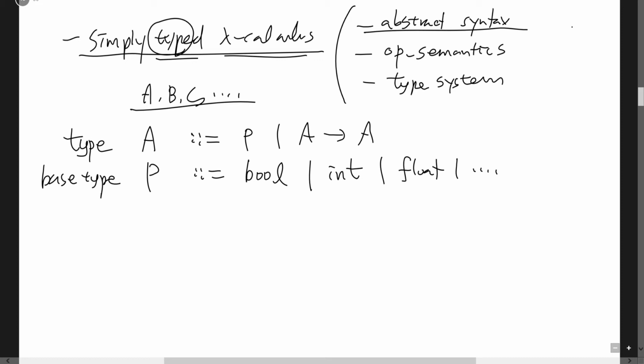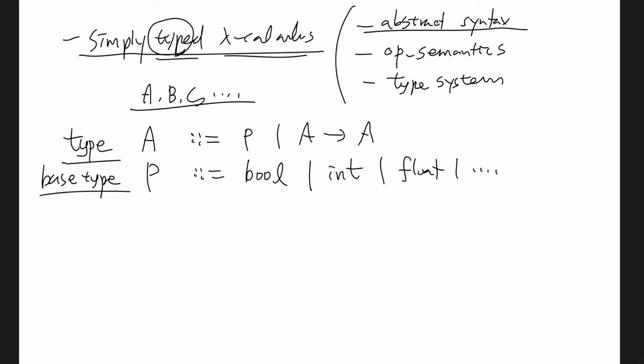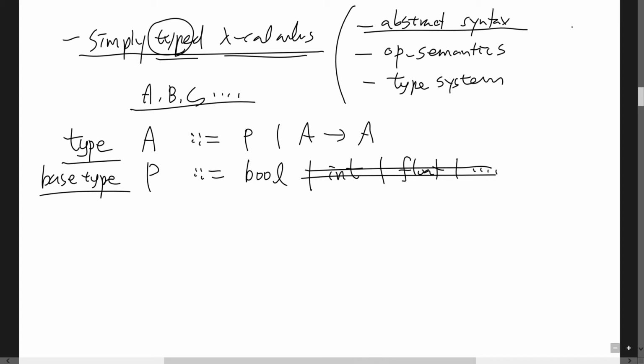You may choose any base type you like, provided that you later provide the language constructs. For our lecture, we will simplify the whole presentation by assuming a single base type bool for Boolean values.